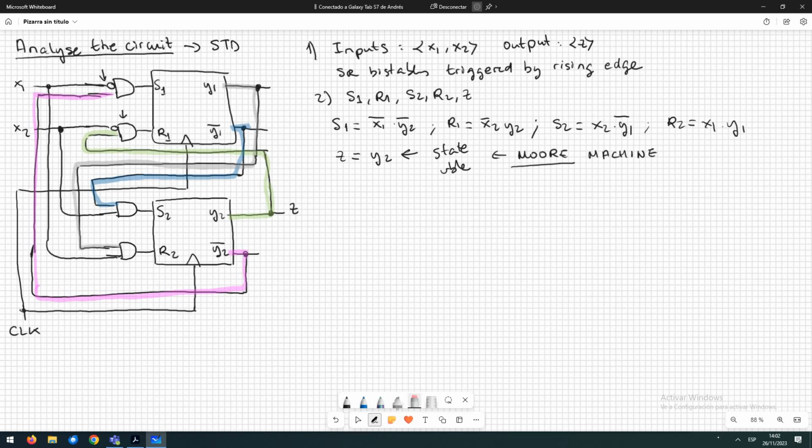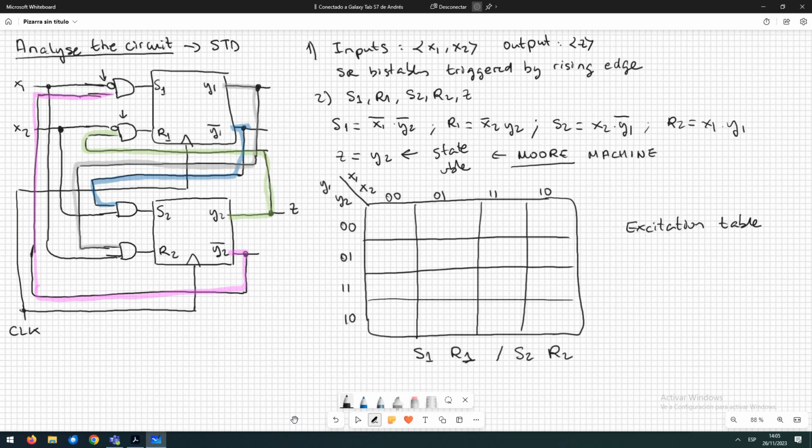Let me draw this. So now we have here the excitation table that we have to fill. I have used just one table for both of the bistables we have. You may use 2 tables, or in fact 4 tables, one for each input: one for S1, another for R1, another for S2, and another for R2.